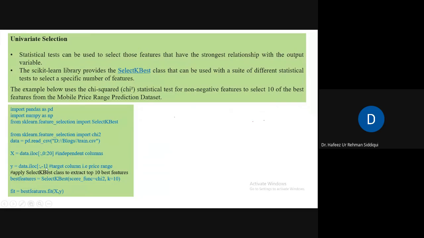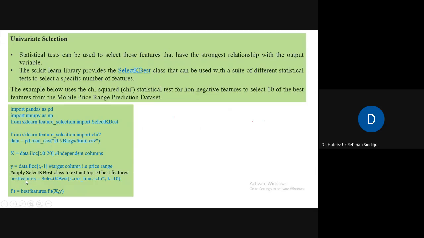All right, so here you get the labels and you are applying SelectKBest with a score function. Which score function are you going to use? There are many. We are using chi-square. And how many features do you want? 10 best features I want to know.